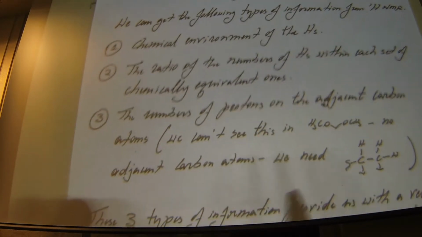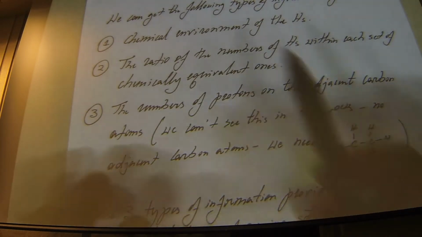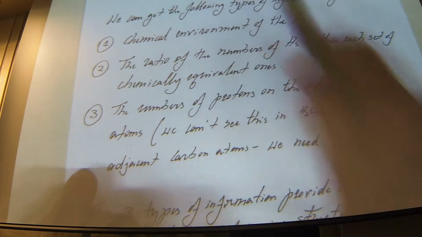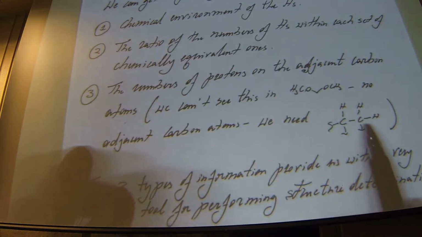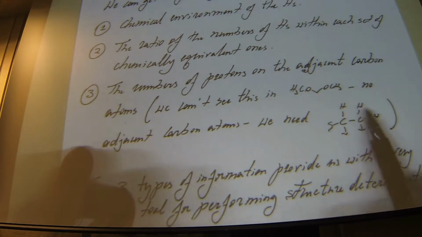And then something that you can't see in this spectrum, but that's going to be very important, is the number of protons on the adjacent carbon atom. Here, you don't have an adjacent carbon atom, right? You have carbon-oxygen-carbon. You don't have carbon-carbon. But if you have carbon and carbon, then from this peak, you'll be able to tell that there are two hydrogens on the neighboring carbon.